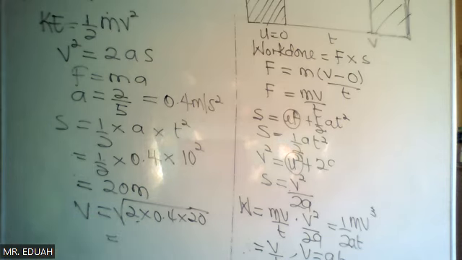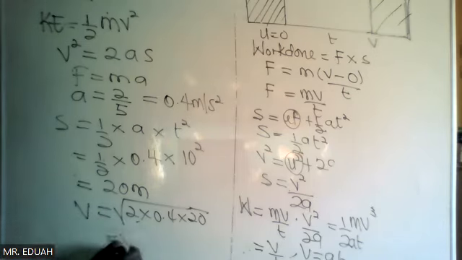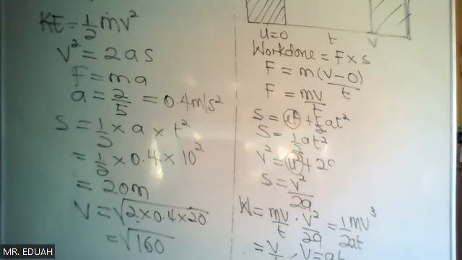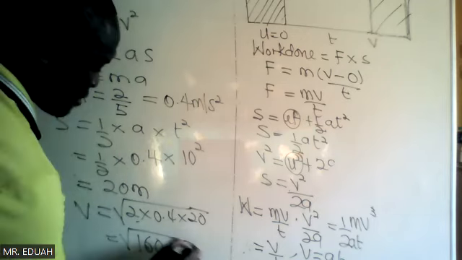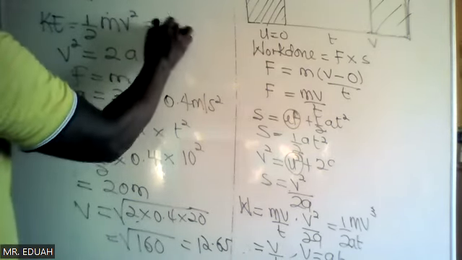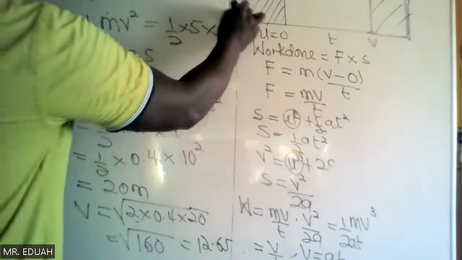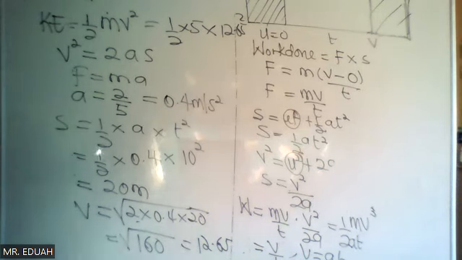You get root of 160, which is equal to 4 root 10, and 4 root 10 is equal to 12.65. So when you substitute it here, you have half times 5 times 12.65 squared.